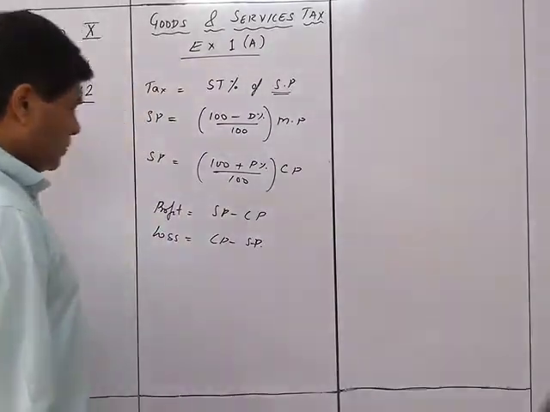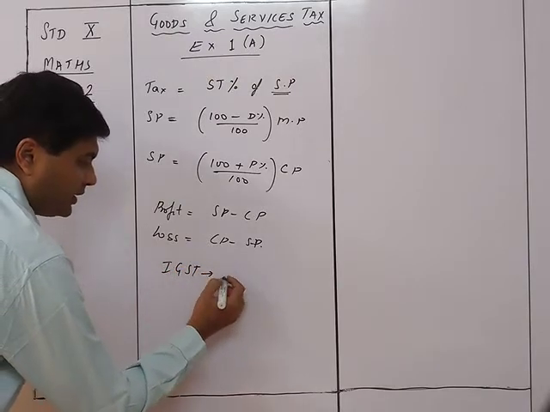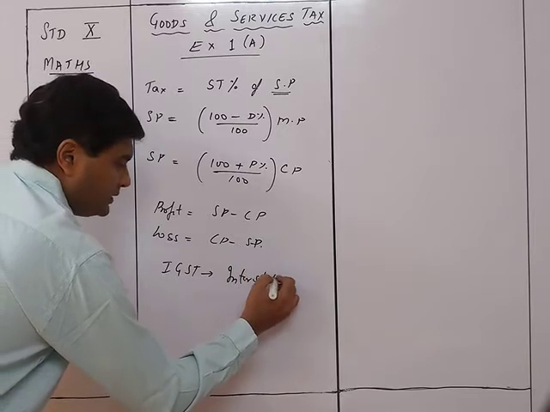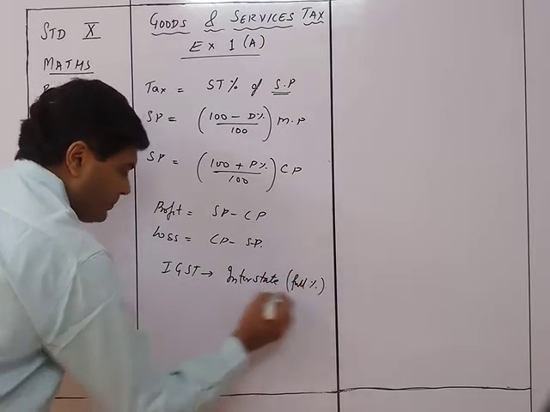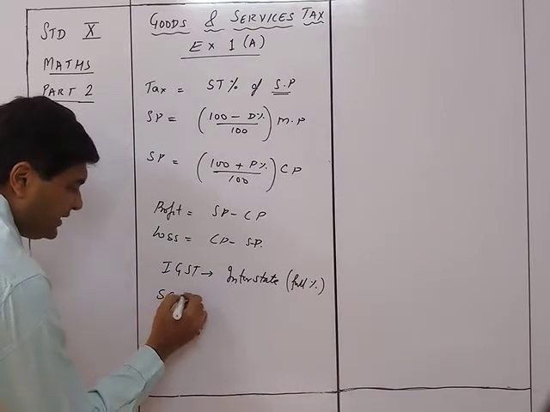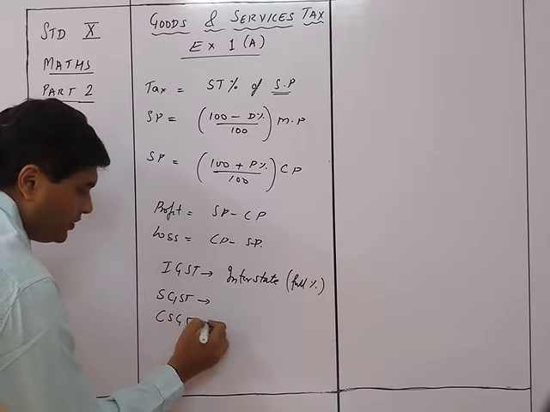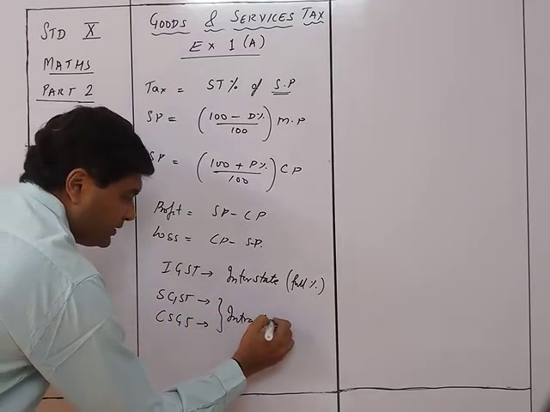Okay, and what we have is IGST is for interstate, that is the full percentage, and SGST and CGST will be for intra-state, that is within the state.